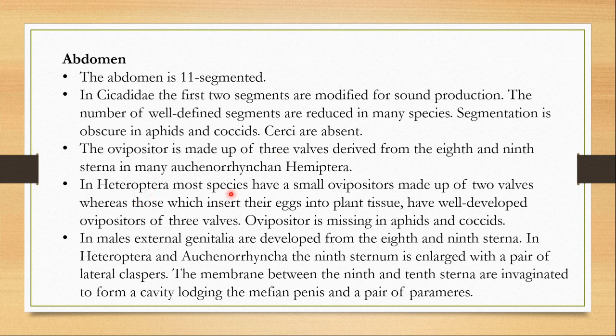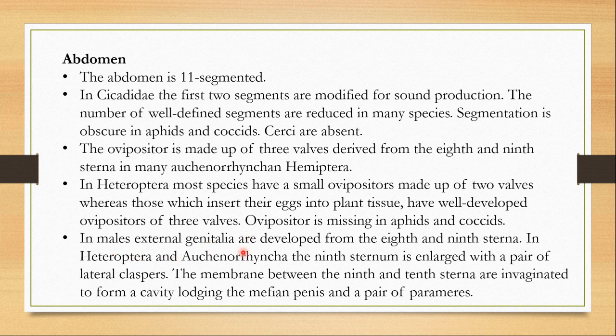But in Heteroptera, Auchenorrhyncha, if you remember, belongs to suborder Homoptera. But in Heteroptera, the ovipositor is small and it is made up of two valves. But in some Heteropterans, the ovipositor is used to insert the eggs inside the plant tissue. In those cases, the ovipositor is made of three valves.